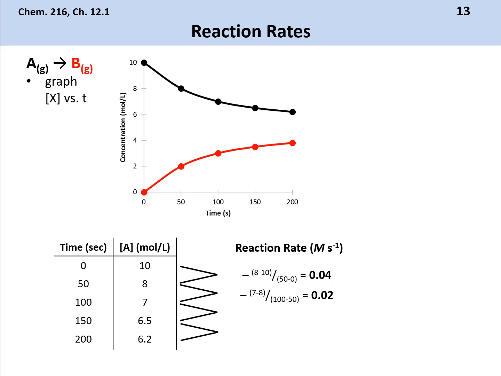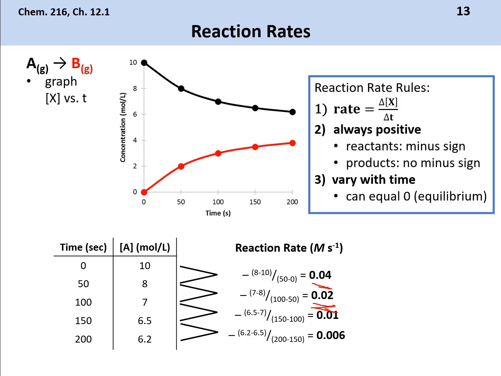Right? Notice between time 50 seconds and 100 seconds, when I do that, I get 7 minus 8 over 100 minus 50, and I get a different reaction rate. And I could actually keep on going, and I would get different reaction rates. What's happening is this reaction is slowing down.